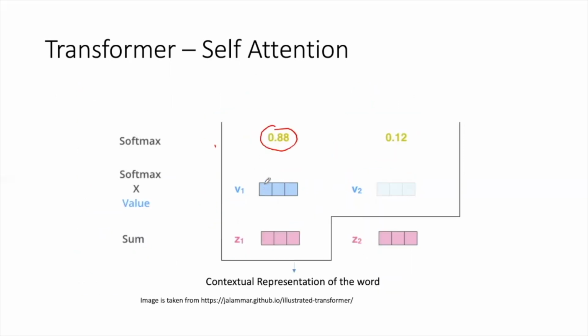So 0.88 is multiplied with this. Similarly, 0.12 is multiplied with the second value vector. And once we multiply all of them, we add them up. So we multiply them and then add them up. So that basically gives a representation, a representation in terms of other value vectors for the current word.